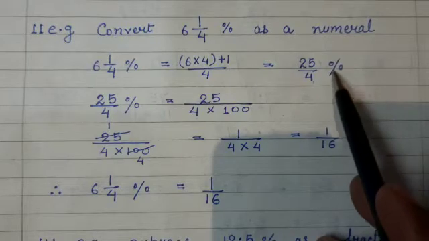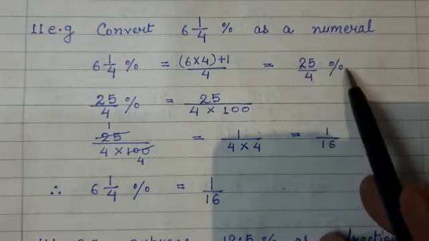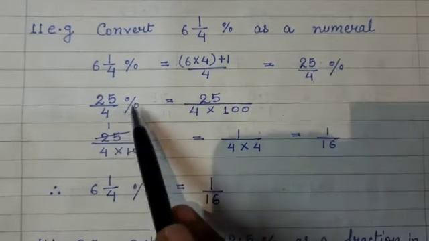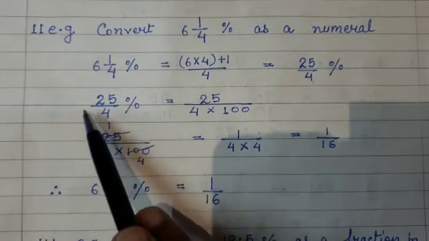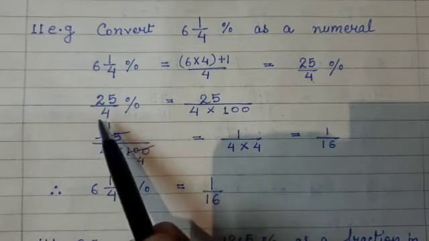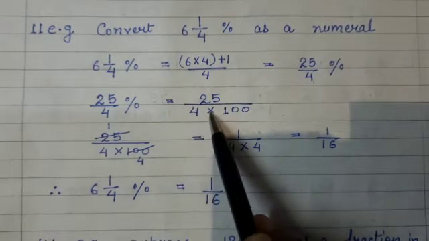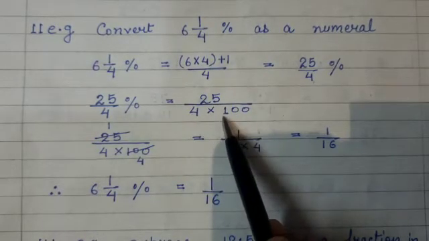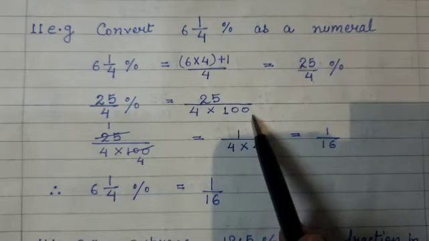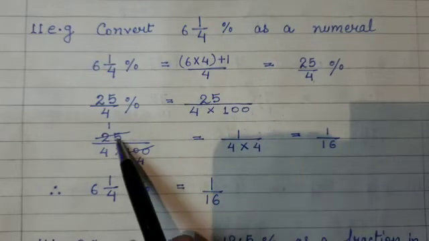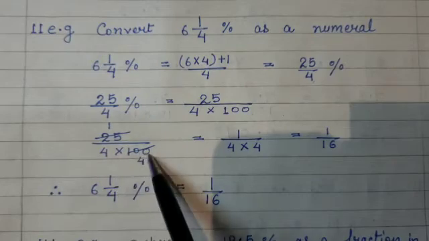It is given in percent form and we have to convert it into fraction form in the lowest term. To remove this percent, we need to divide this amount by 100. That means 25 upon 4, and in the denominator we place this 100. Finally, it is 25 upon 4 into 100.